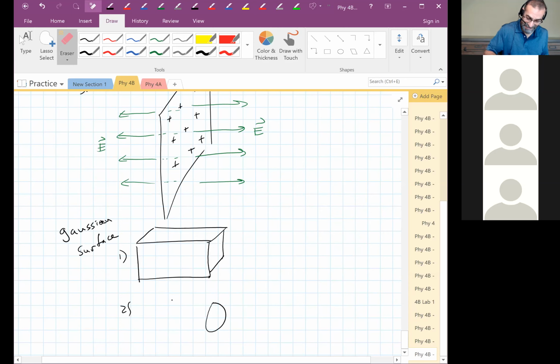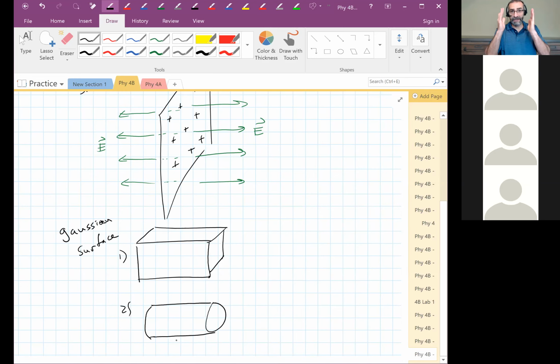That's not a very good cylinder, is it? A cylinder in this orientation also has sides that are parallel or perpendicular to the field line. Either way, I'm going to use a cylinder because a cylinder only has three faces I have to worry about. The other one has more.